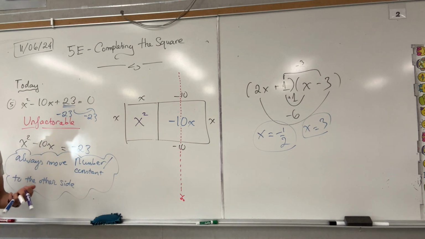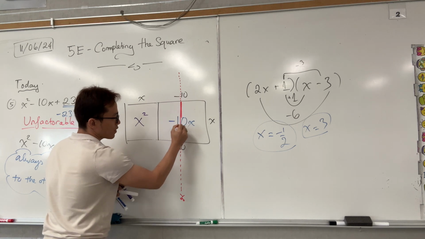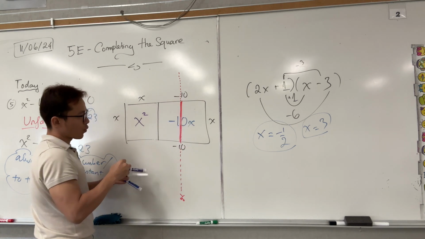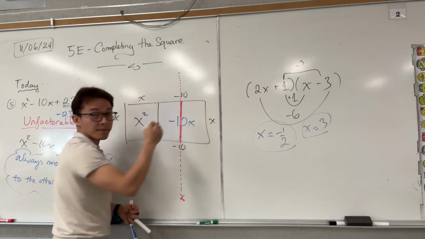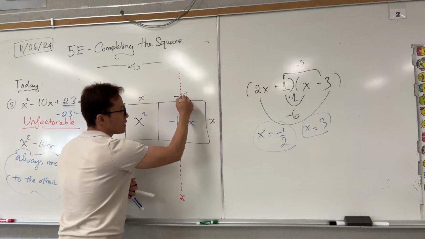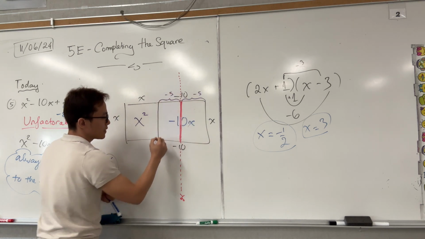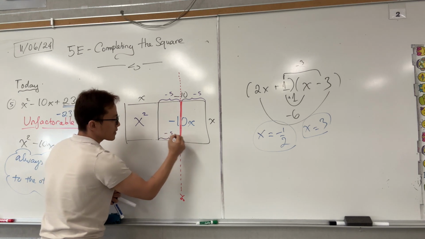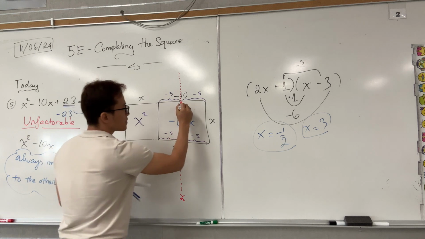Now this is the side of the new rectangle. What is the length of this side? Negative 5, right? So this is negative 5, this is negative 5, and this is also negative 5.